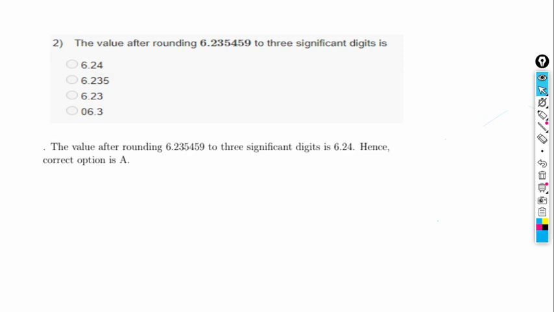That is modulus of error value upon modulus of true value.